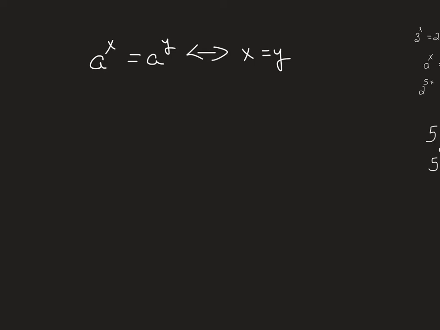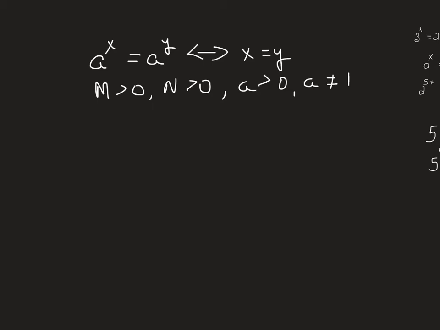All right, we've already seen that a to the x equals a to the y if and only if x equals y. Well, we have a very similar truth for logarithms. First of all, let me state that m has to be greater than 0, n has to be greater than 0, and a is greater than 0, and it cannot be 1.